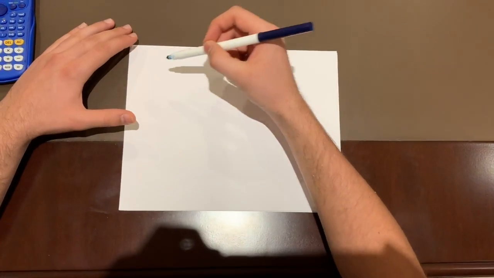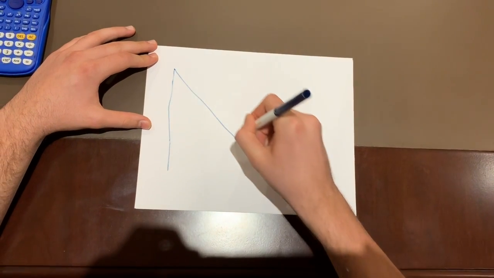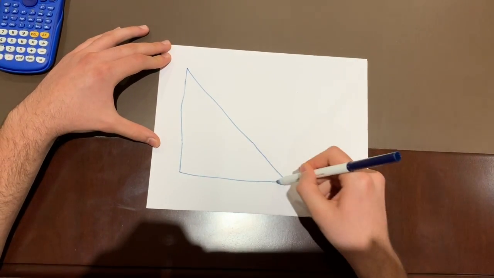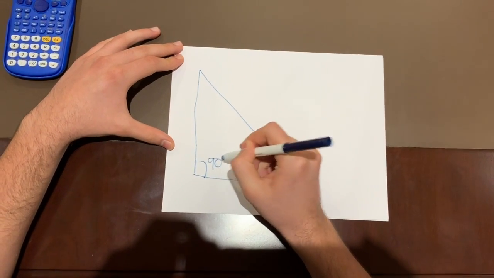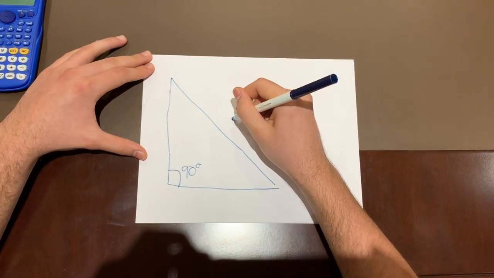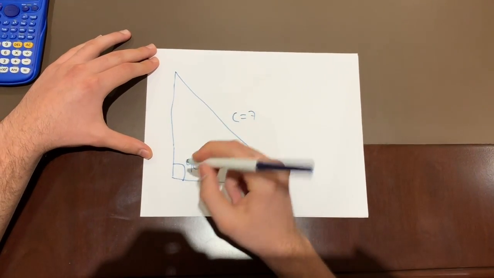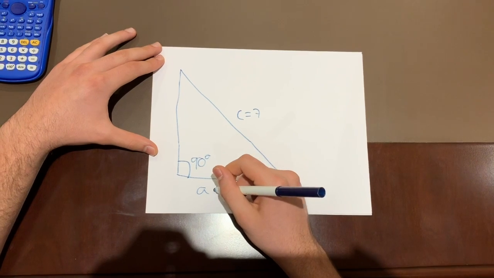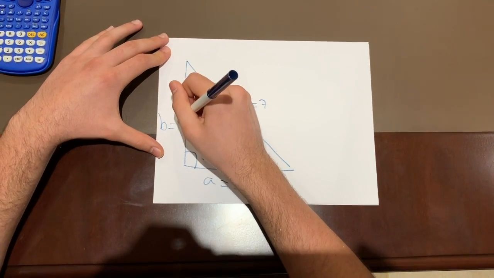Okay, the other technique is about finding the angles. Before, we found the side; now we need to find the angles. Let's suppose we have a right triangle with obviously our 90-degree angle, and we have a hypotenuse which is equal to 7, a side A which is equal to 5, and a side B which is equal to 6.